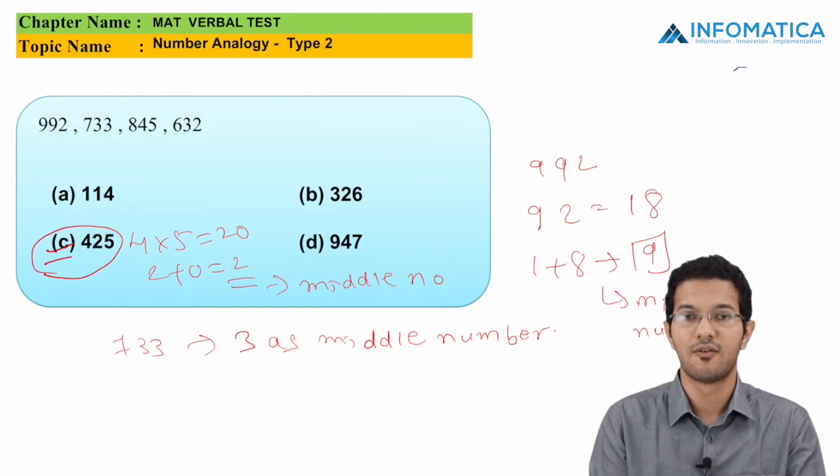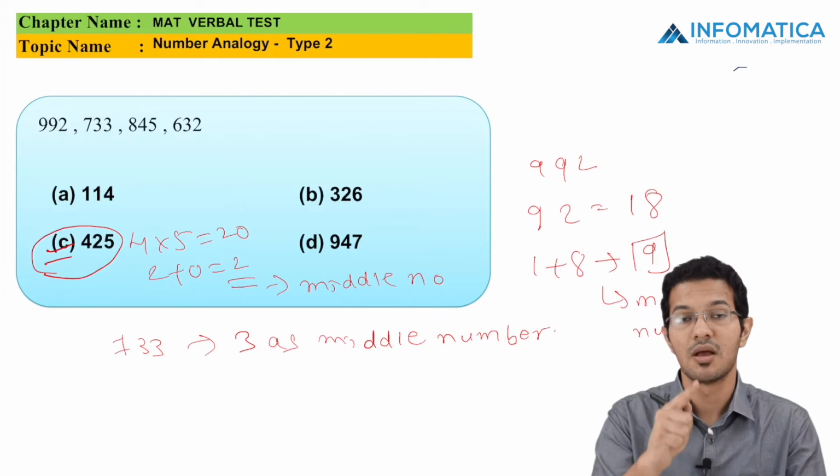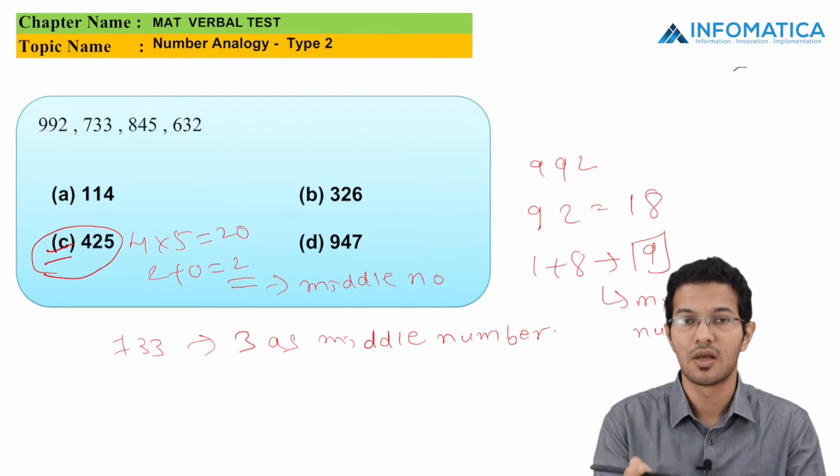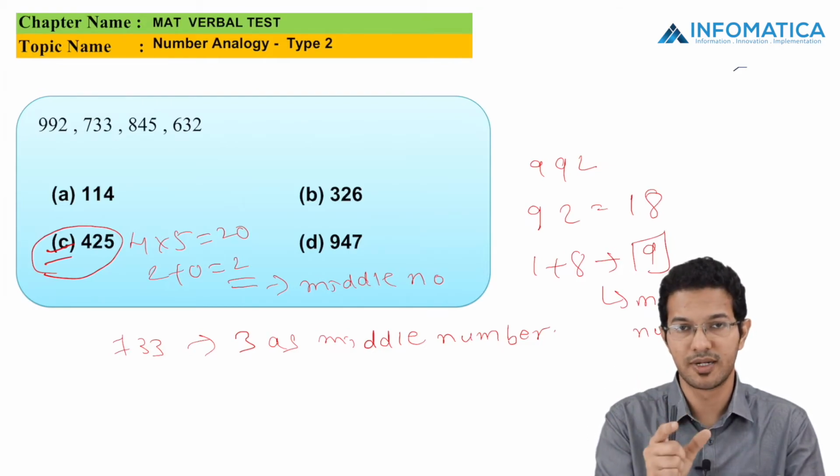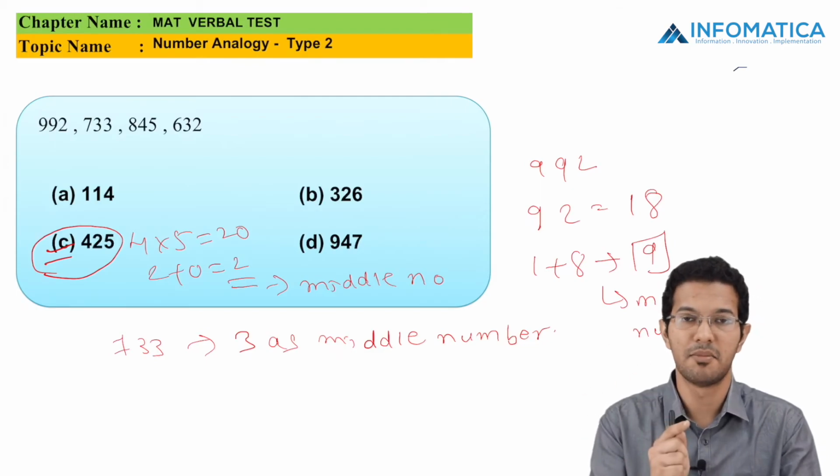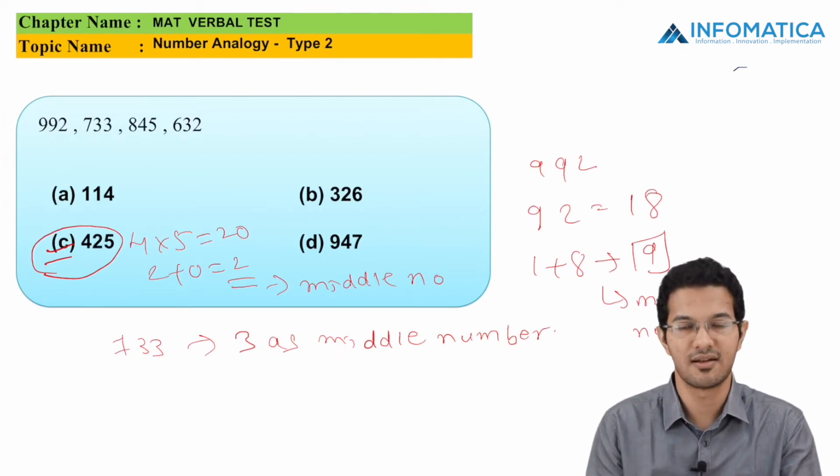So I can say that 425 is the right answer, since it is following the sequence of the first digit multiplied by the third digit. Whatever the answer we get, we split it, we add and get the middle number. Hence option C is the right answer.